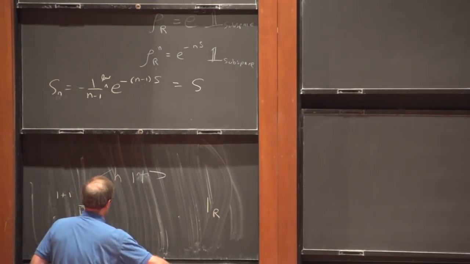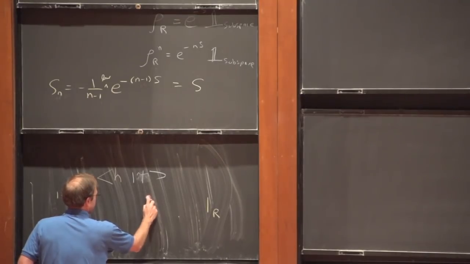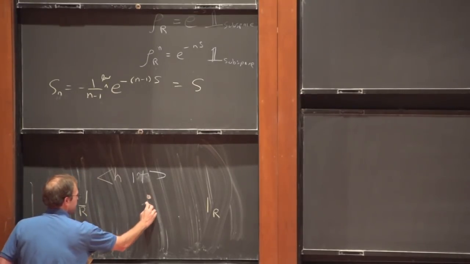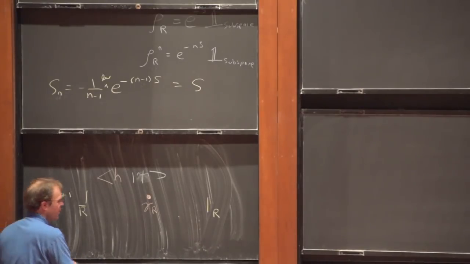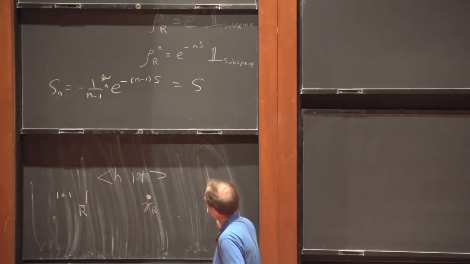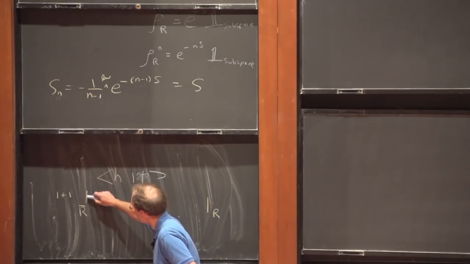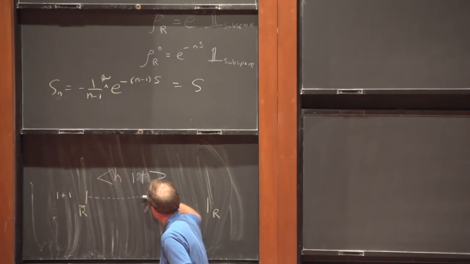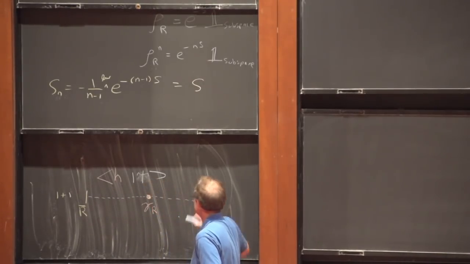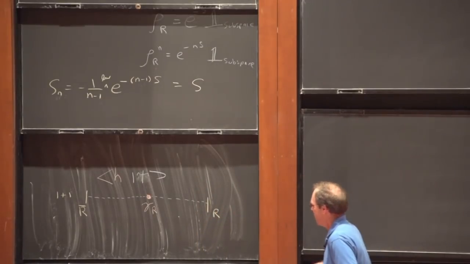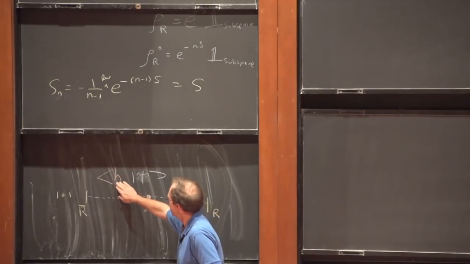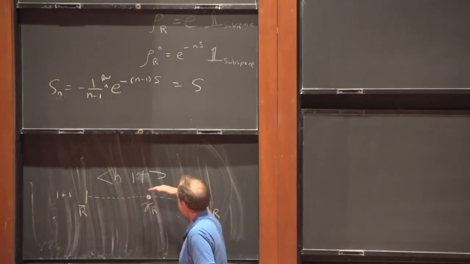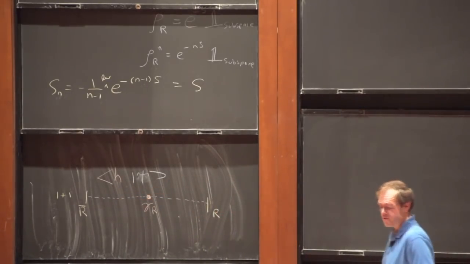Somewhere in the middle, there is the HRT surface that I will call gamma R. And what I'm doing is just to consider some slice of the bulk, some moment of time in the bulk, if you will, that happens to pass through that HRT surface. And I am computing this matrix element defined by induced metrics h on that slice of the bulk geometry.